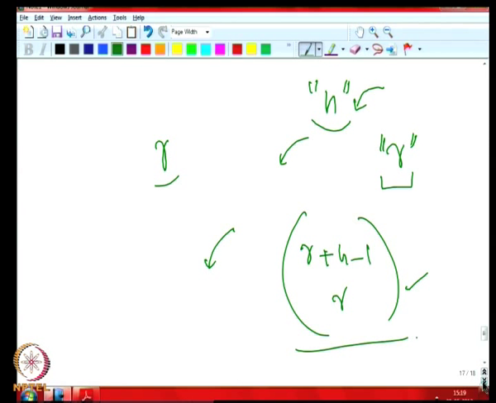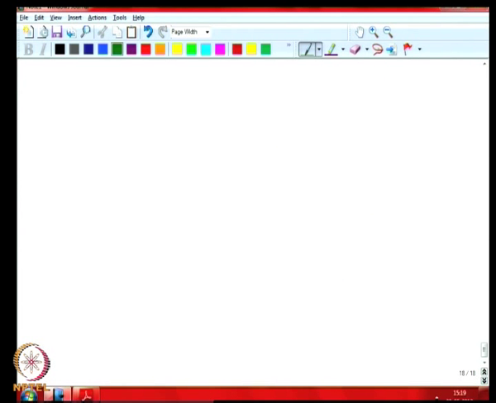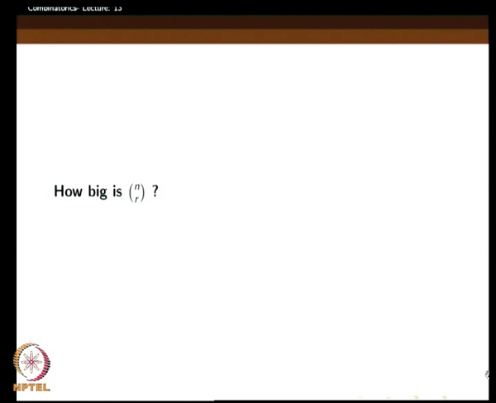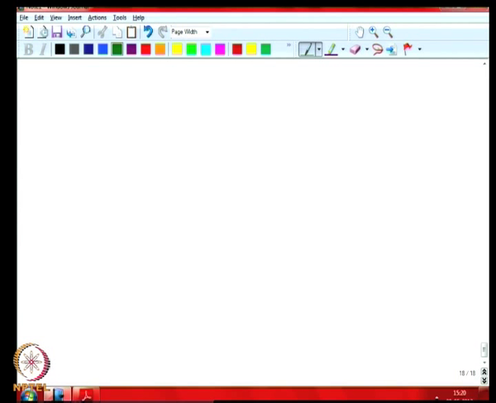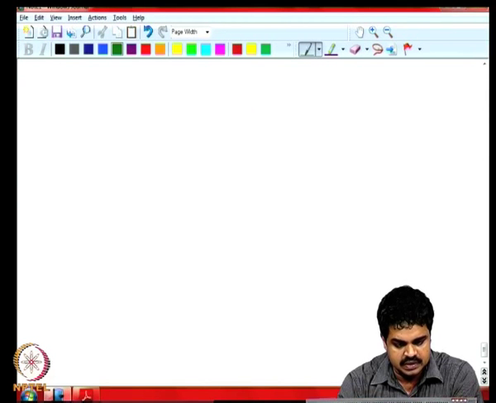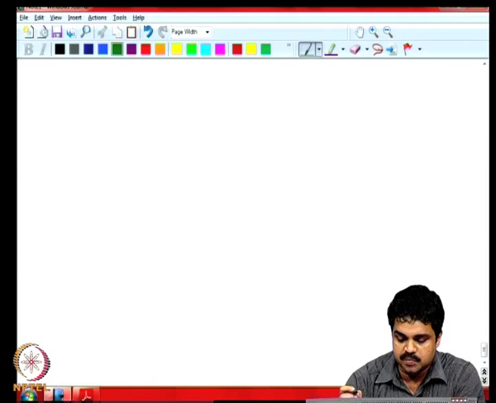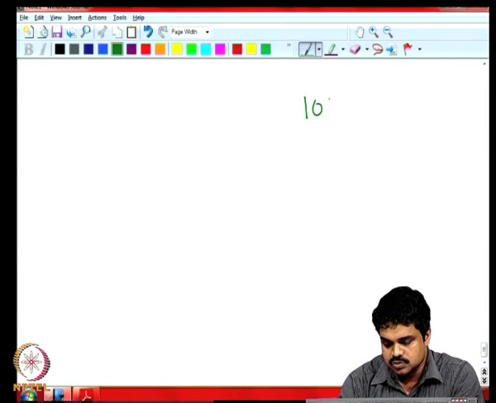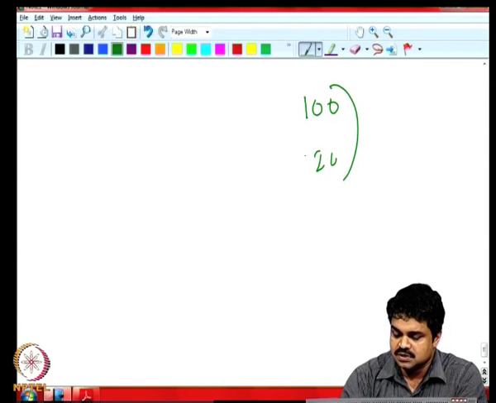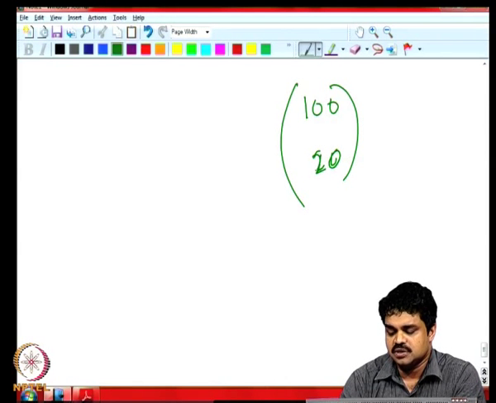Now the next issue is something we have to be bothered about. How big is this n choose R? Of course, we can prove identities and show that the total number of things is some 100 choose 20, but these are not the usual numbers we use.